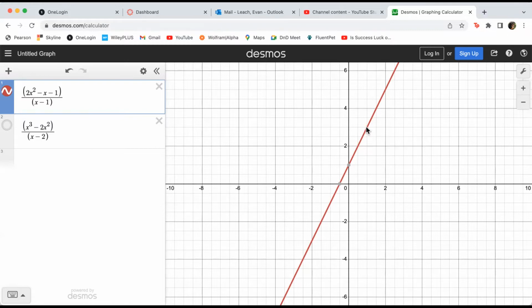But since that x minus 1 cancels out, that leaves a hole in the graph and not a vertical asymptote. So factors that cancel out produce holes in the graph. Factor cancels out, hole in graph.